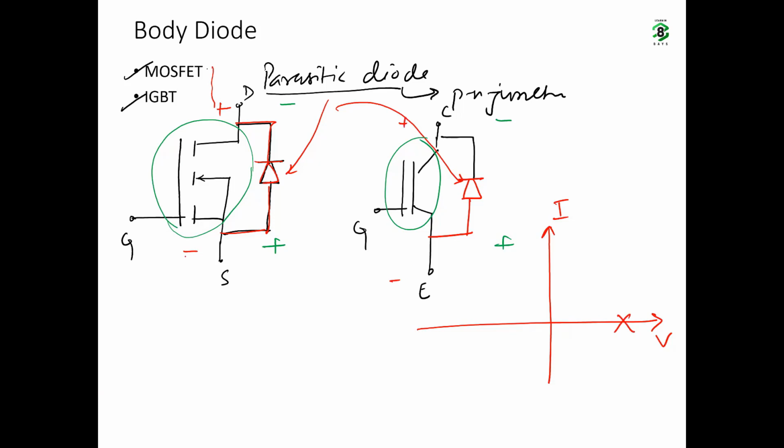These devices, this one and this one, were previously allowing current flow in this direction. But due to the presence of this parasitic diode, they will also allow current flow from source to drain, and in the IGBT from emitter to collector. It becomes bidirectional.